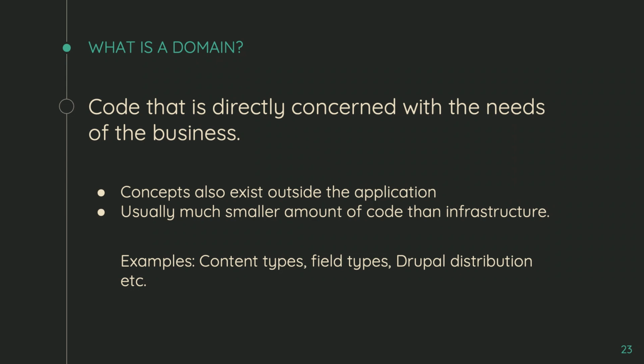For those who don't know, you might have one for a learning platform, or, it's been a while since I've worked on one, can someone name a Drupal distribution off the cuff? Thunder. For publishing. Yeah, there you go. So that's basically what a Drupal distribution does. It's a pre-configured set of features for satisfying the needs of a particular domain.